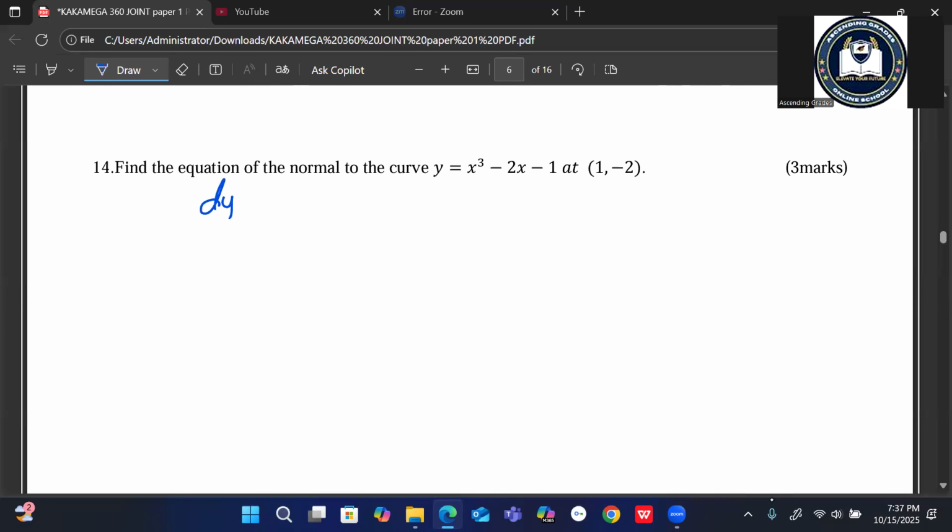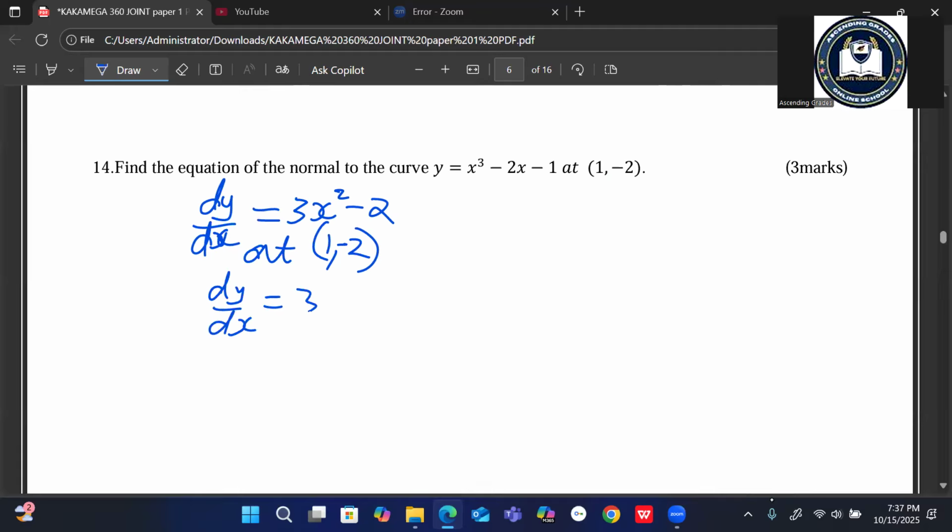So dy/dx will be equal to 3x squared minus 2. At 1, negative 2, the gradient dy/dx will be 3 minus 2, so it should be 1.